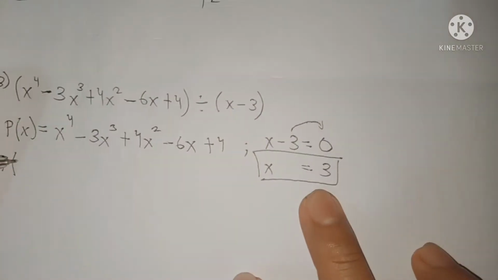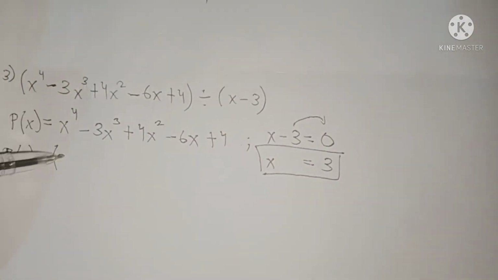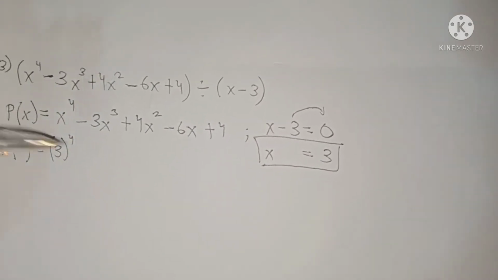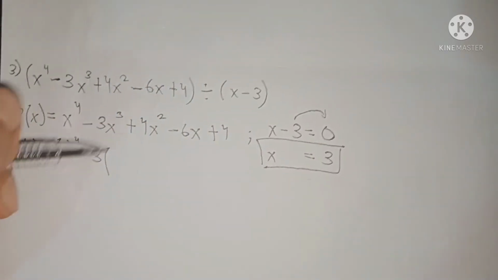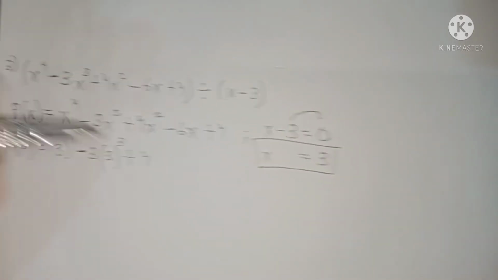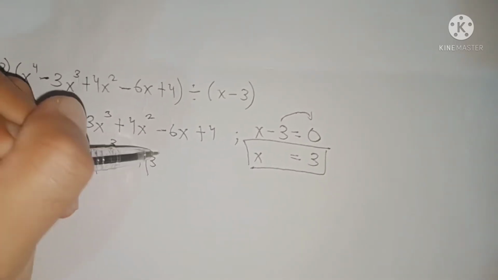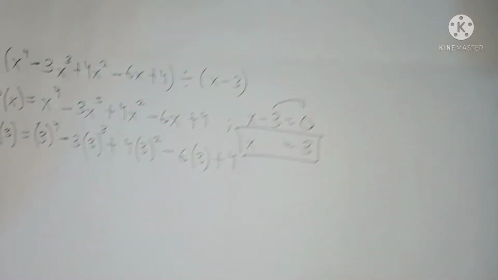So, kunin natin yung value of p of positive 3. You have positive 3 raised to the 4th power minus 3 times positive 3 raised to the 3rd power plus 4 times 3 squared minus 6 times 3 plus 4.